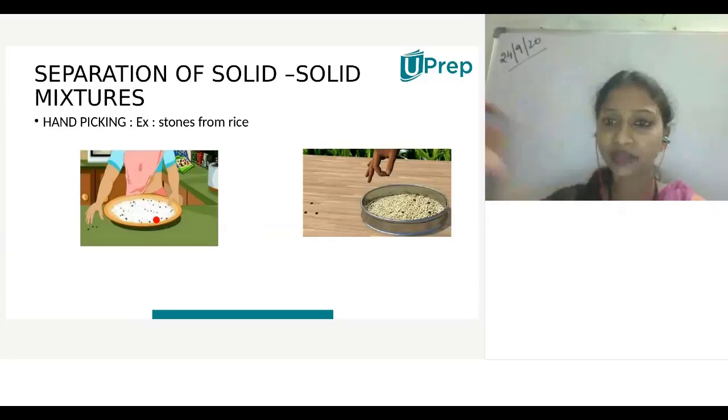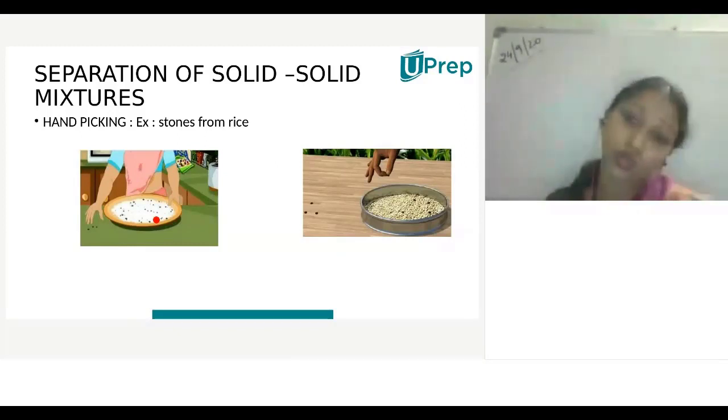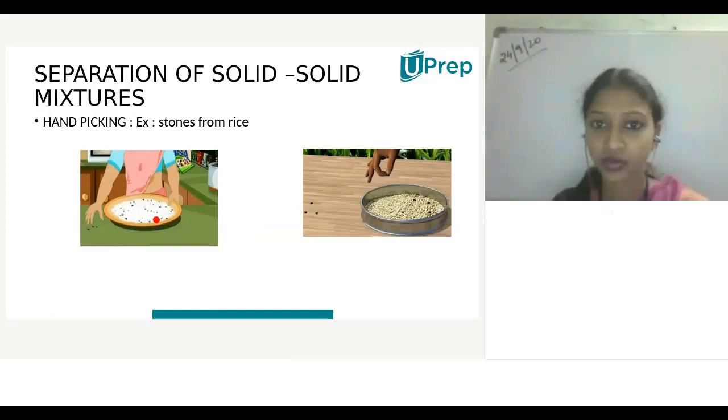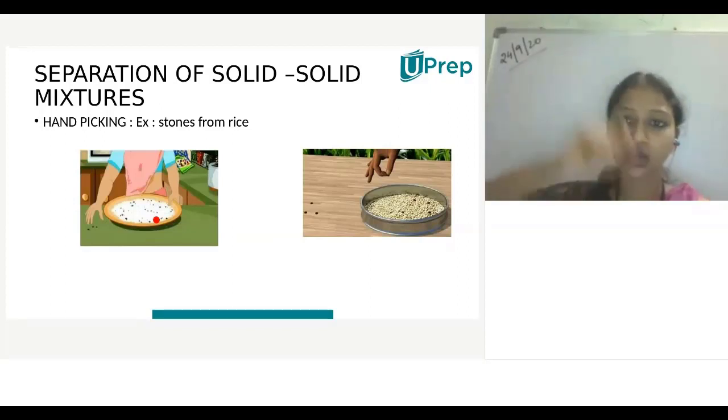We happily pick up the stones and separate them. What is the leftover? The wanted thing is rice. If a mixture consists of two grains, both wanted but completely mixed up, and both are the same size, we'll go with hand picking and easily separate them.